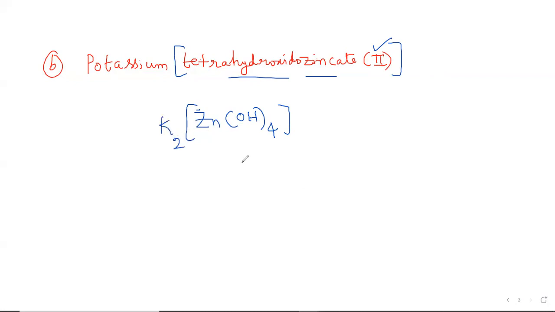The sum of the charges should be 0 in this complex compound, so we take 2 potassiums.